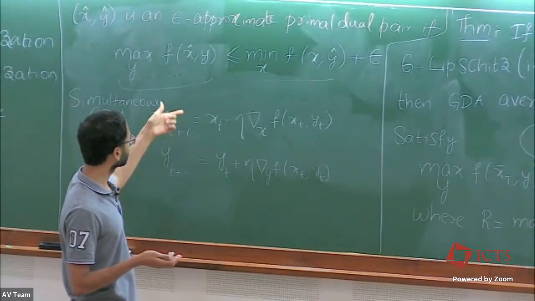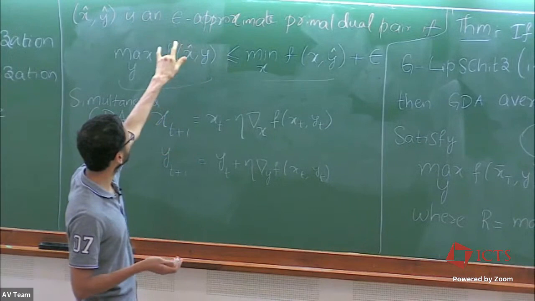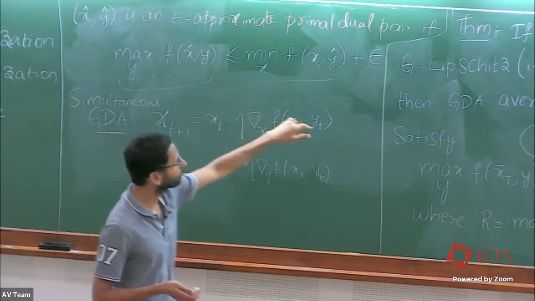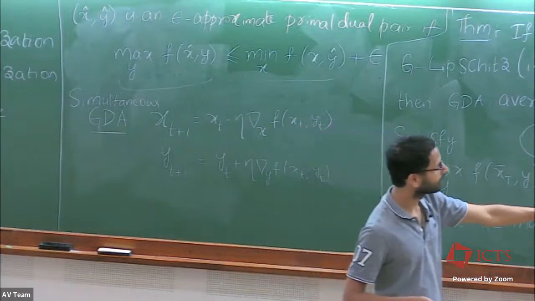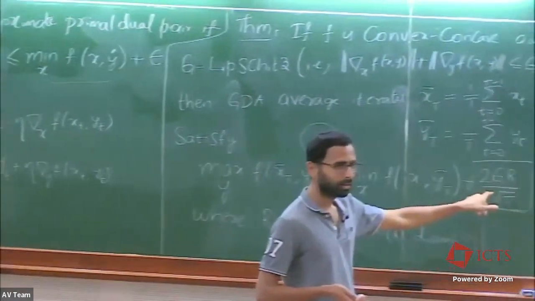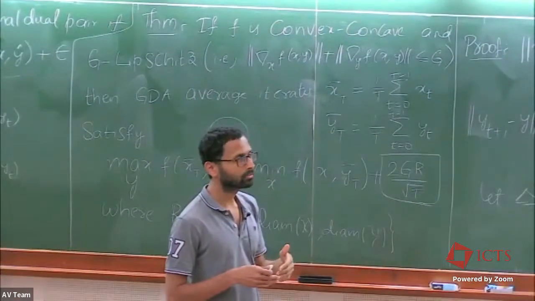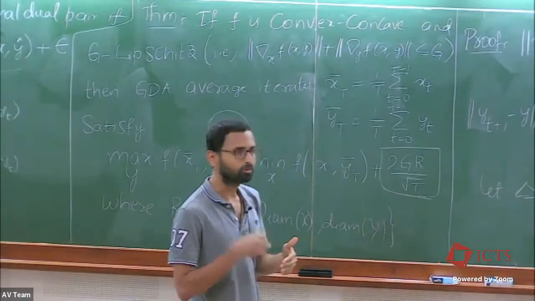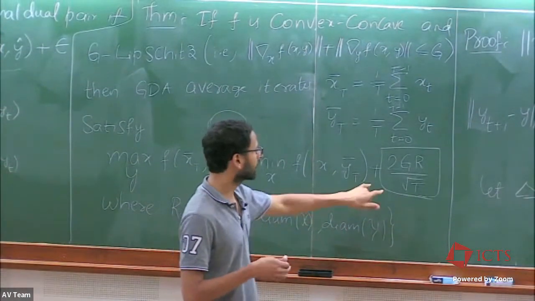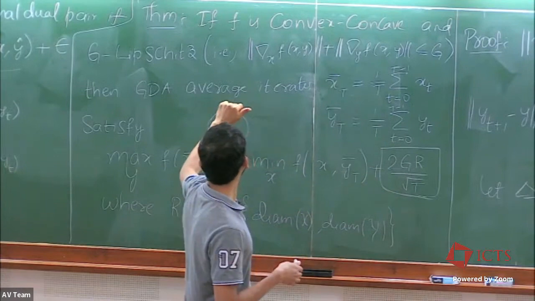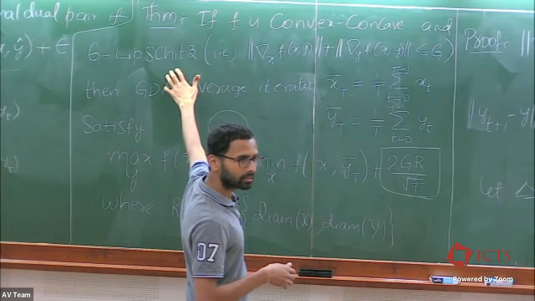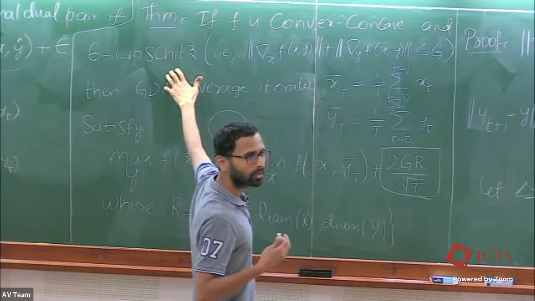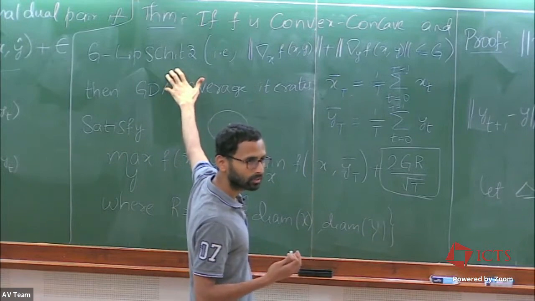But here it turns out that even if the function is smooth, we don't get anything better than 1 over square root t for gradient descent ascent. But there is something called a proximal algorithm, which can actually get a 1 over t convergence rate for smooth functions. And that in some sense is equivalent to acceleration in the standard setting.